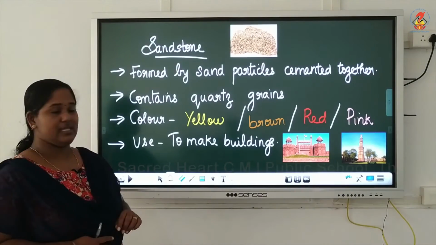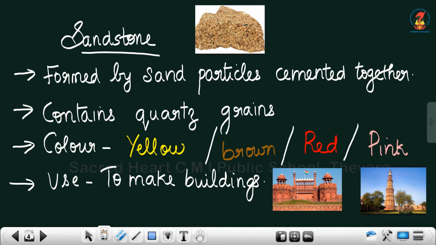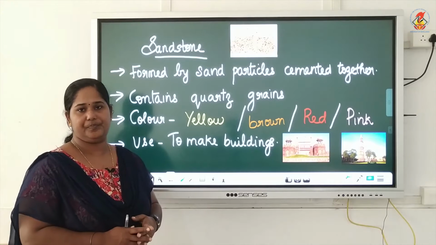The first one is sandstone. The picture of sandstone is shown here. You can see different colors and different types of particles in the sandstone. So it is clear that it is made up of different kinds of particles that are piled up and cemented together. Cemented means they are held together.